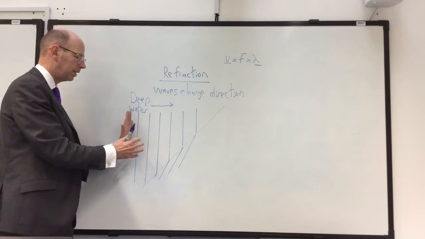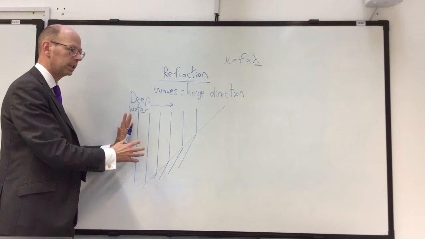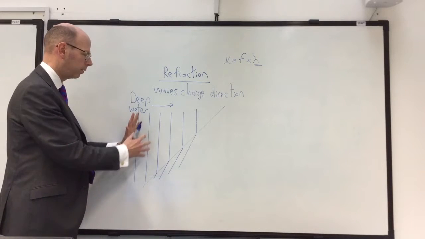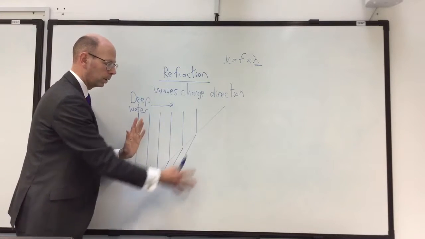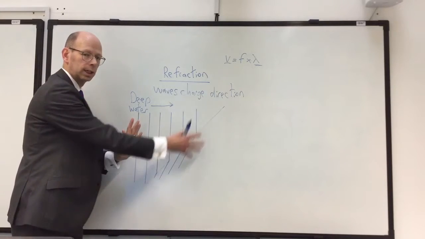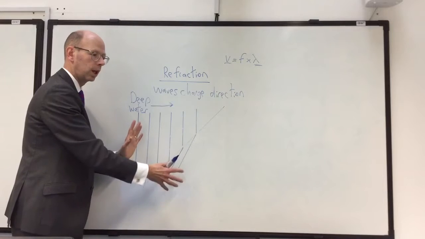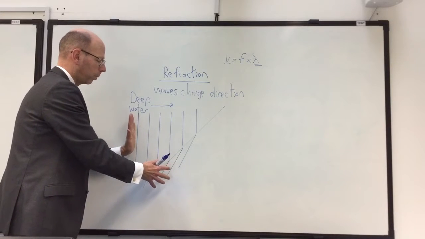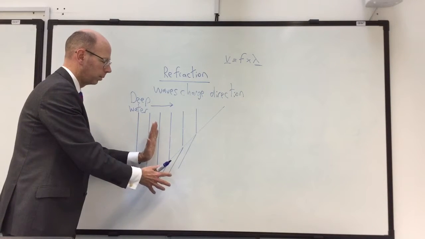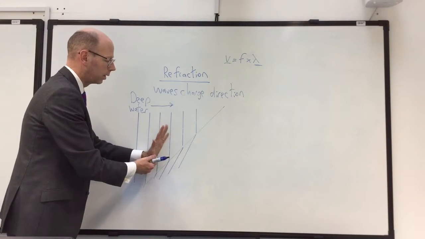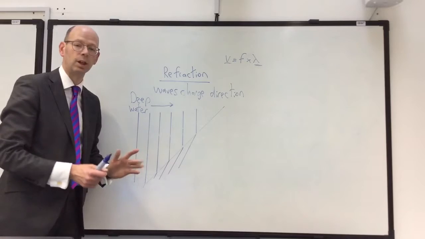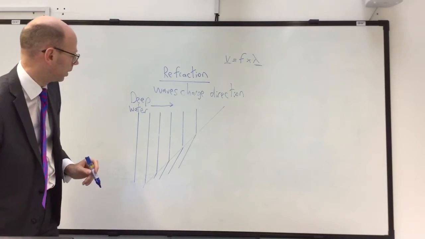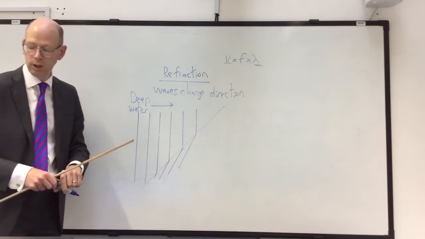One way you could imagine that is if you imagine a car skidding off the road. If the road is quite smooth, the wheels travel quickly on the tarmac. Suppose this is mud or thick grass or something down here, which will slow the wheels down. Then the bottom wheel hits the grass first or the mud first. It slows down. The front wheels are still going, and the car kind of skids round and changes direction. And that's pretty much what's happening with our waves.